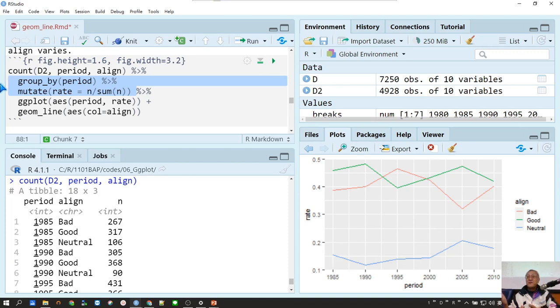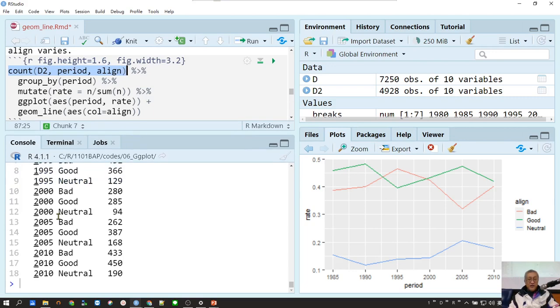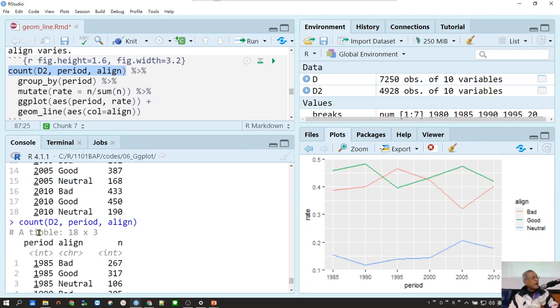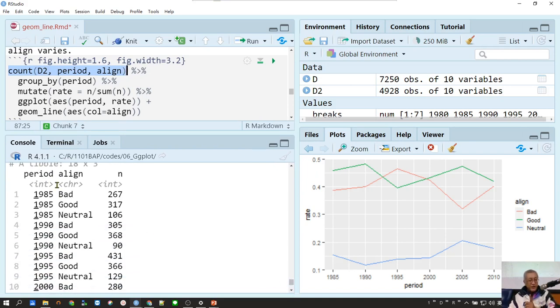Now, after I do this count, I actually have a data frame like this. Every period, every line has a number, right? So what are these 2 lines doing? Are we comparing numbers? The first question is comparing numbers. Does it make sense?